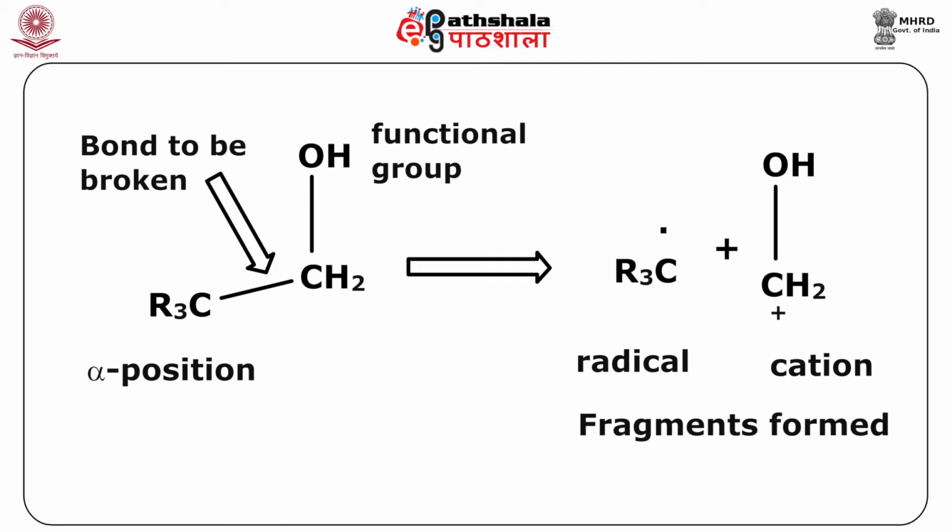That means the alpha bond is the one which is next to the carbon carrying the functional group, and the breaking of that bond is known as alpha cleavage, and it gives rise to a cation carrying the hydroxyl group and a radical, and this radical here in this case is R3C dot, that is a trialkyl carbon radical.